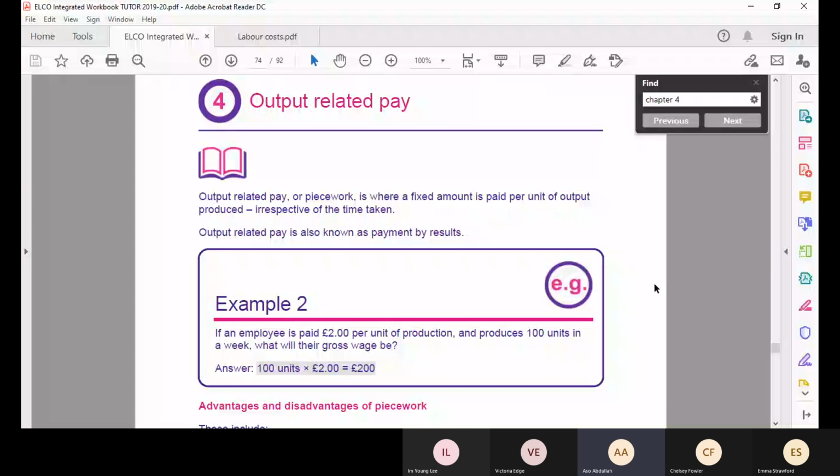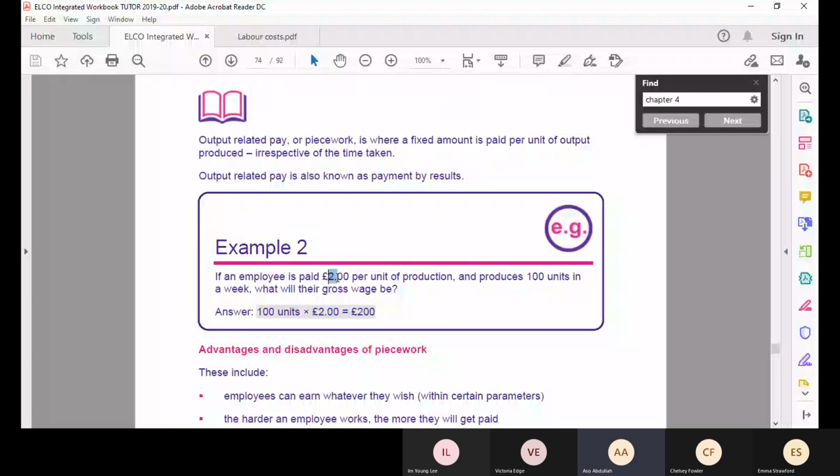If we look at example number 2, it says if an employee is paid £2 per unit of production, every unit you produce, you will receive £2.